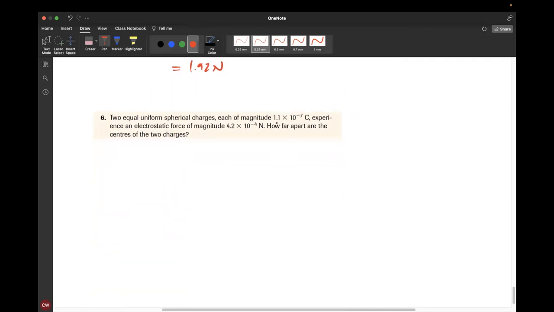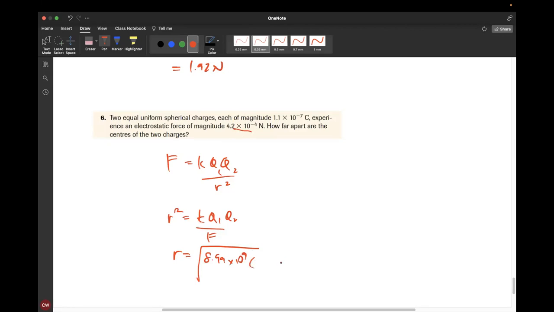Two charged spheres experience a repulsive force. How far apart? Q1, Q2, R squared. So we are looking for how far apart, so we're looking for R. 8.99 power 9.